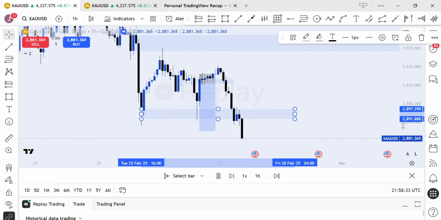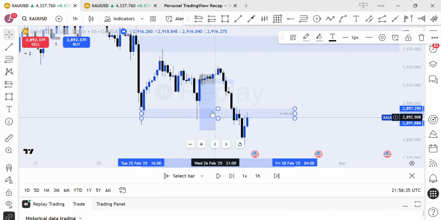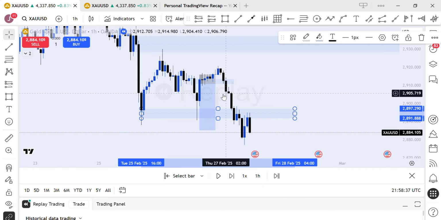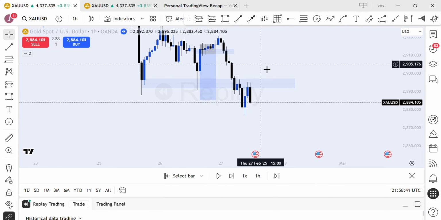Okay, price is still pushing down. But my bias was right, but the point of entry was the issue.